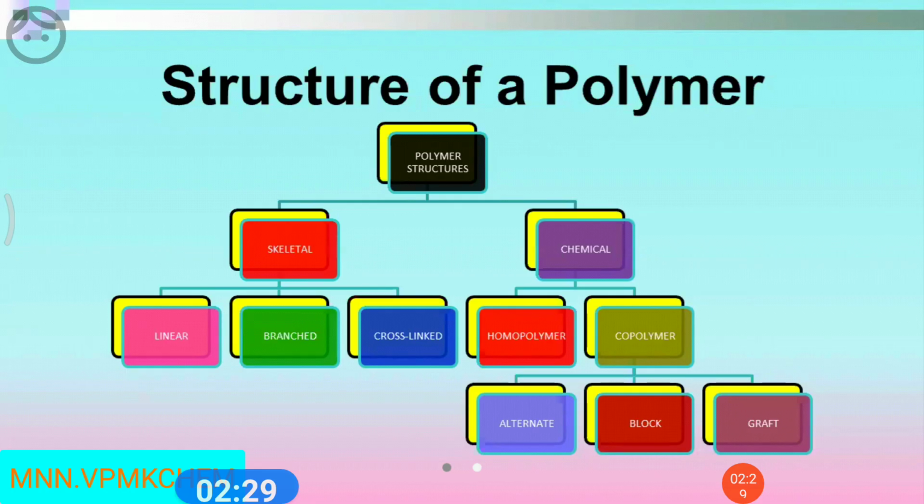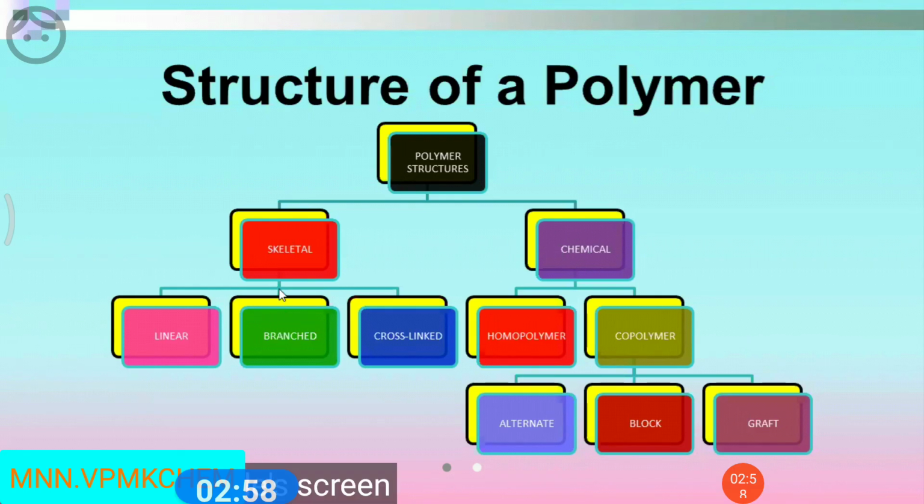According to the structural types, polymers are classified broadly in these classes. In this diagram, you can see according to the polymer structure, we have two broad types. One is classification of polymer based on the skeletal structure, and the other is classification of polymer based on the chemical structure.